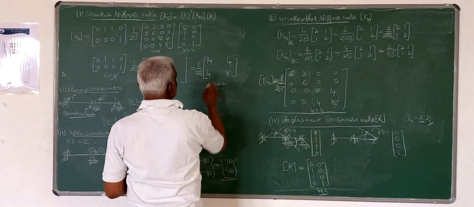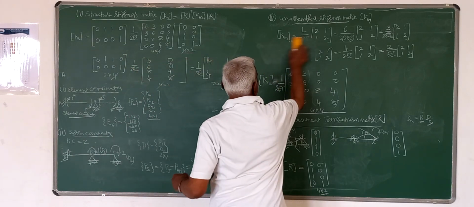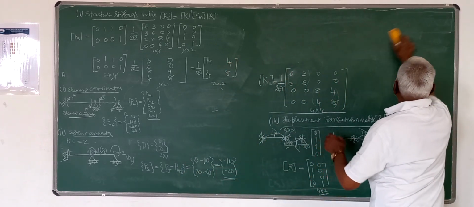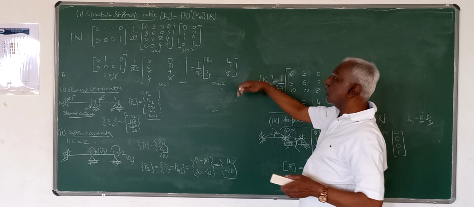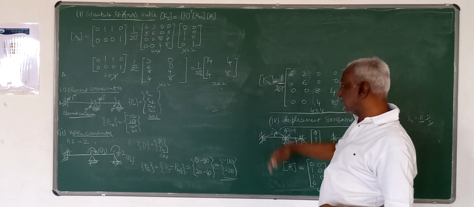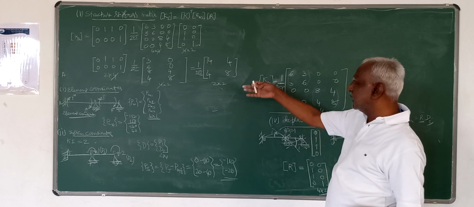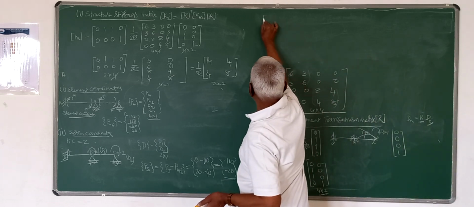After developing the structure stiffness matrix, you have to find the inverse of the stiffness matrix, or you can do the equation solution by Gaussian elimination, whatever it is. Here I go for inversion of this.